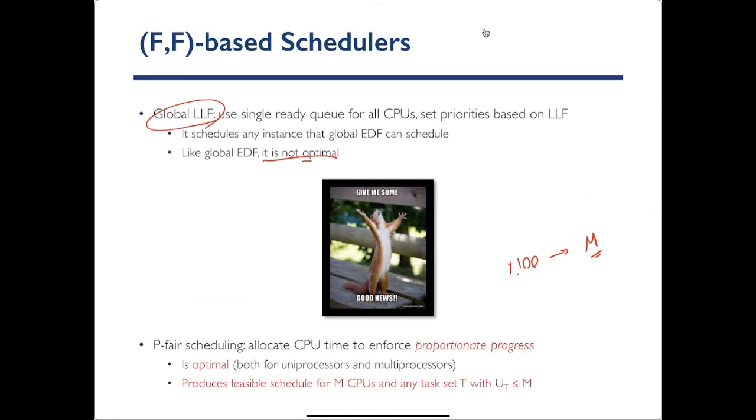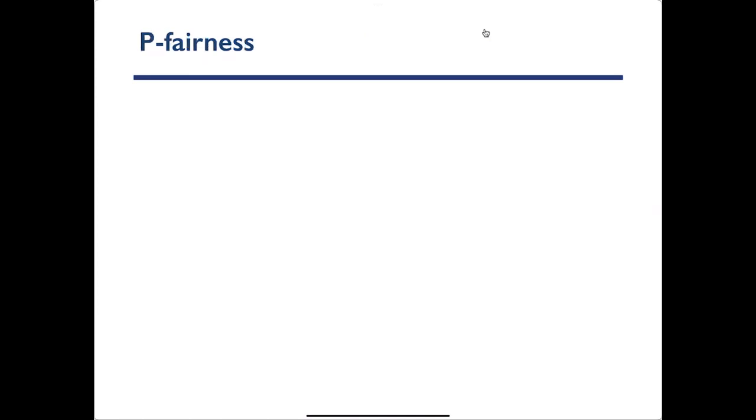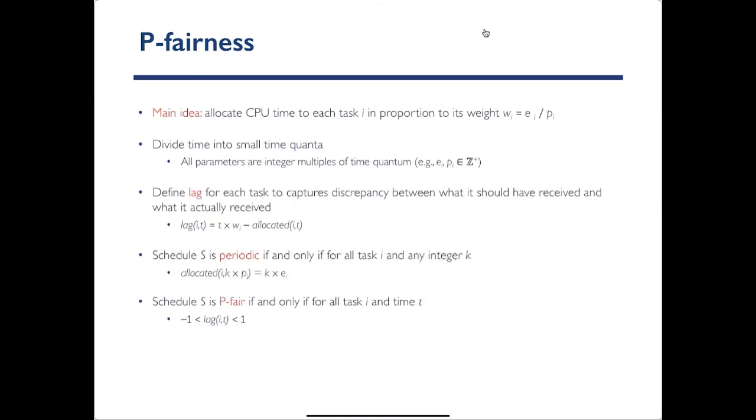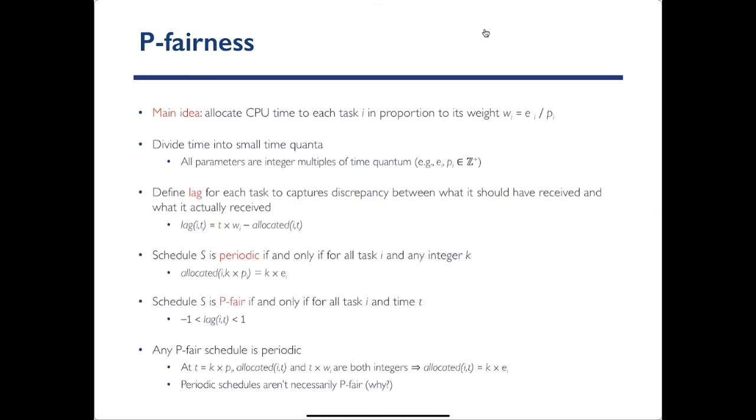So there is a scheduling policy called P-fair scheduling, which allows you to utilize all your CPUs to the max, which is M, for M CPUs. Now, unfortunately, I don't have time to go through this P-fairness.